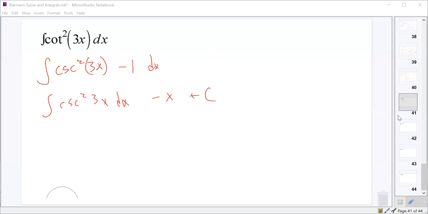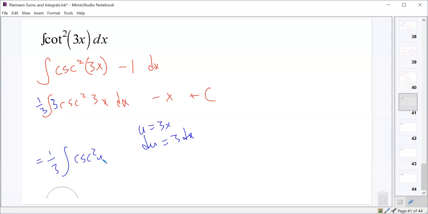You're going to use a u sub, right? So if u is equal to 3x, then du is 3 dx. So we'll put in our 3, we'll put in our 1/3, and we end up with 1/3 the integral of cosecant squared u du minus x plus our constant. And what's the integral of cosecant squared?